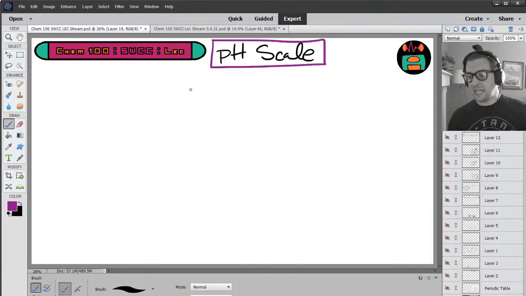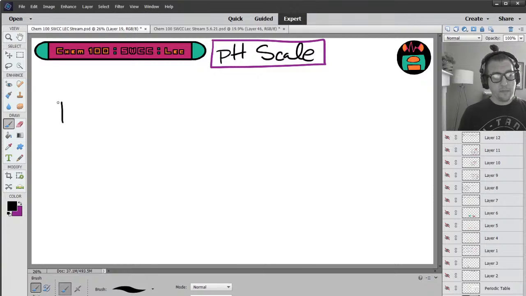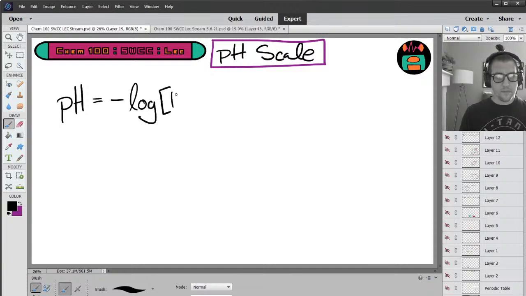The pH scale is a way of rating how acidic a solution is. And the equation for it is as follows. pH is equal to -1 times the logarithm of the concentration of hydronium.